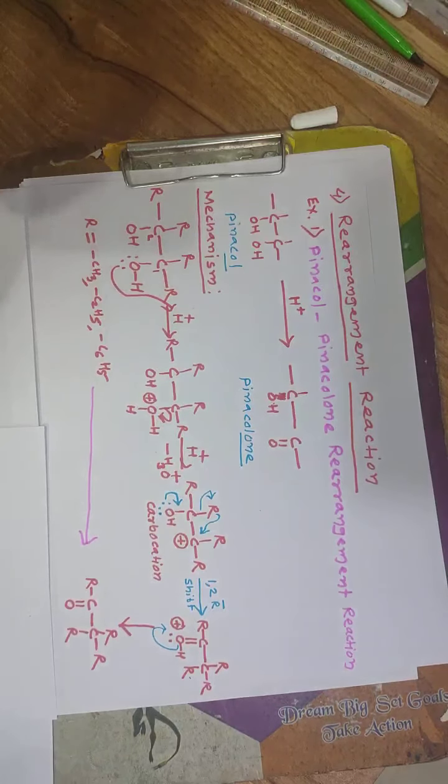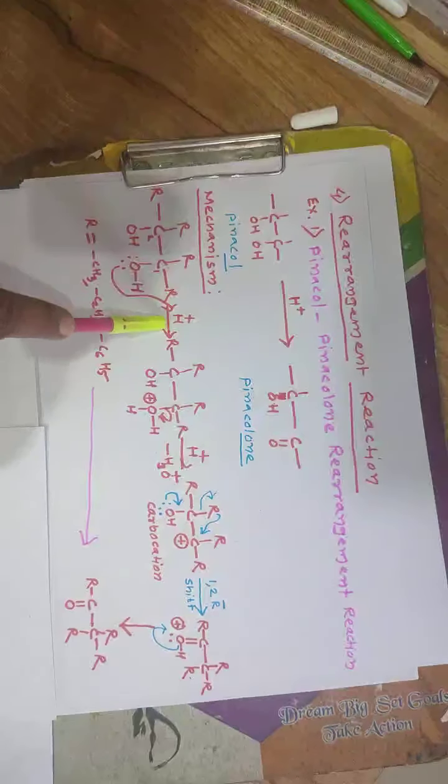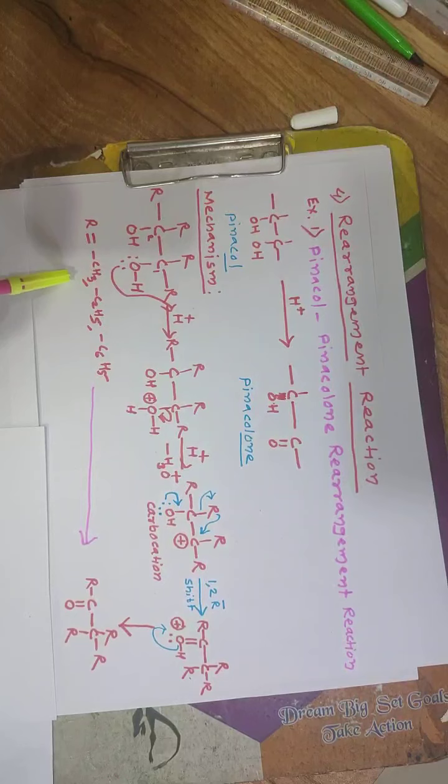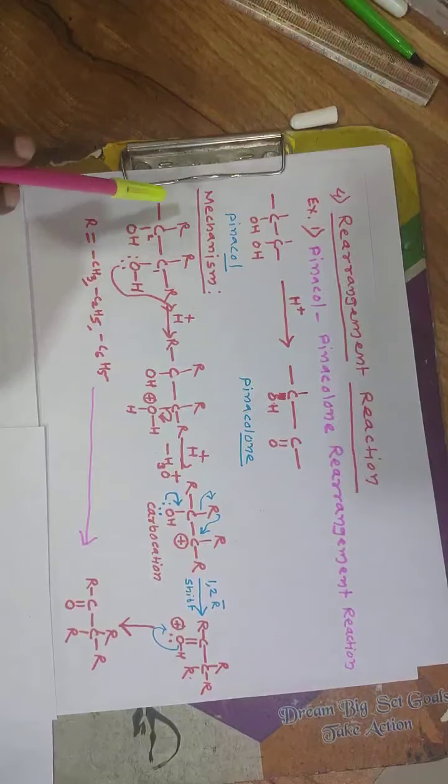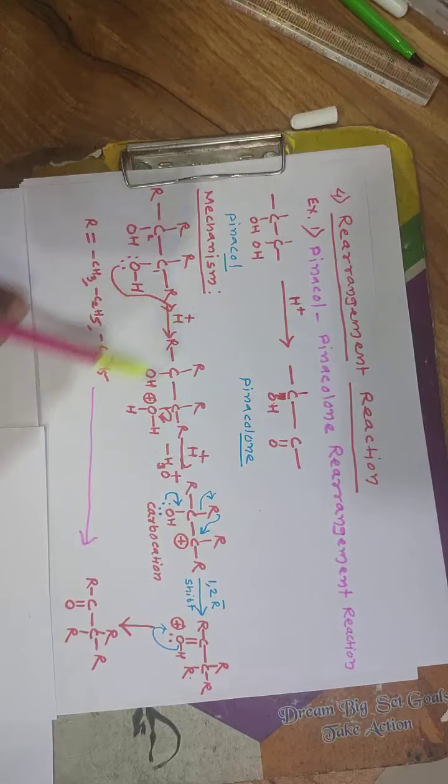So here we can take R, which may be the same or different. If R is methyl, you get one example. You just have to replace this R by methyl, and you get one example. You can also replace this R by ethyl, so we get another example. We can also replace this R by benzene, and we get another example. This R may be the same or different.